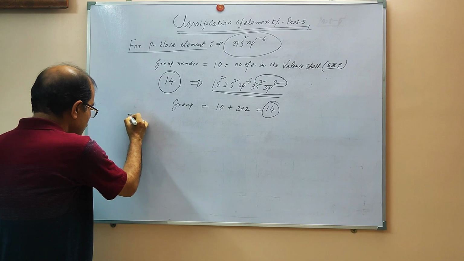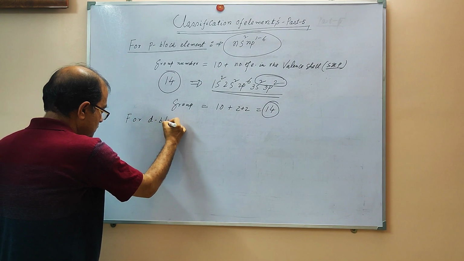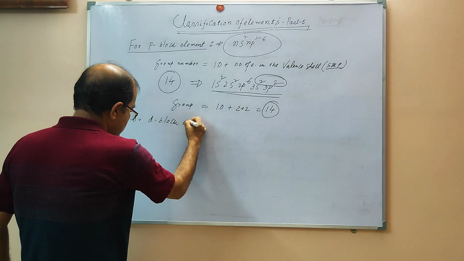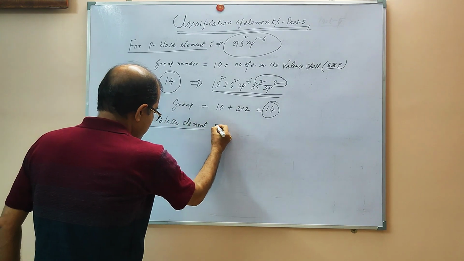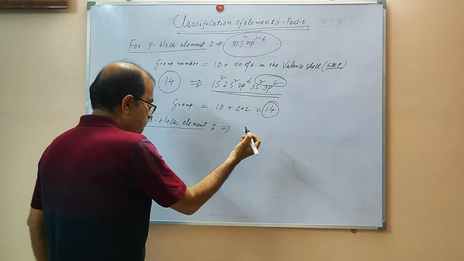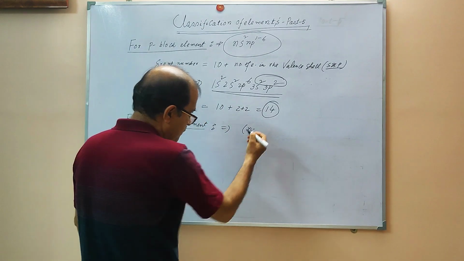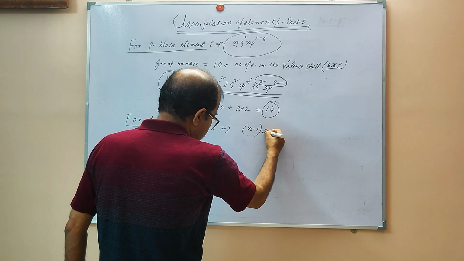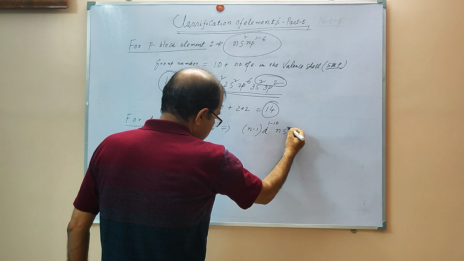And now we do the d block element. For the d block element, we know its outside valence shell configuration is (n-1)d1 to 10 ns2.